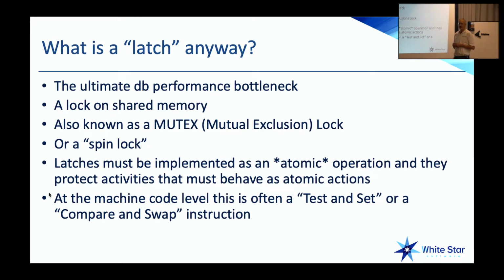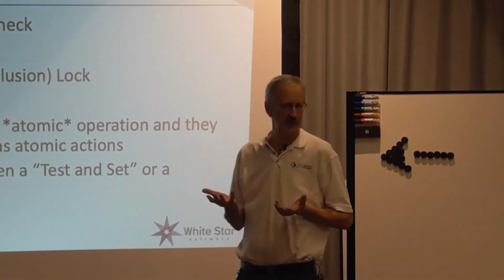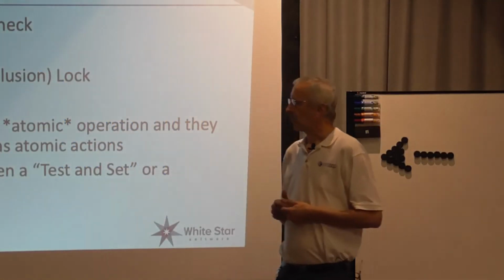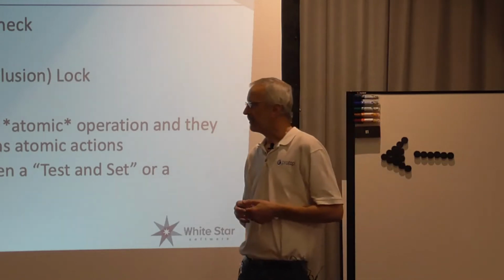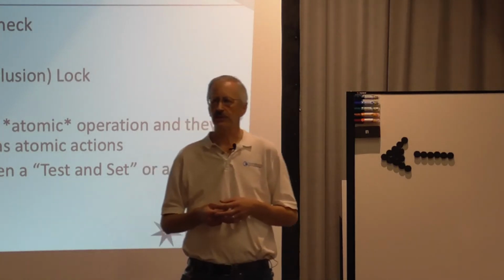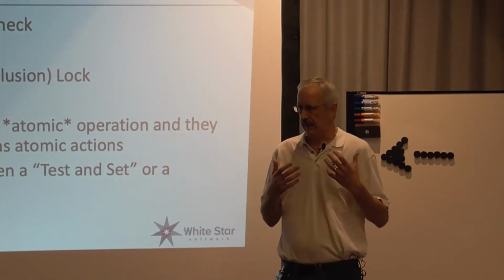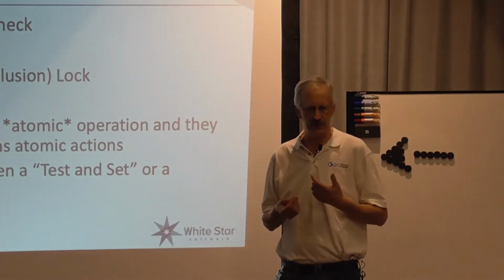If you think back to your college days, you might have studied this a little bit, it's something called a mutex, or mutual exclusion lock, or a spin lock. That's another name for it. There are a lot of different names for them. They must be implemented as an atomic operation. It's really important that the operating system side of things is not interruptible when you're taking a latch.